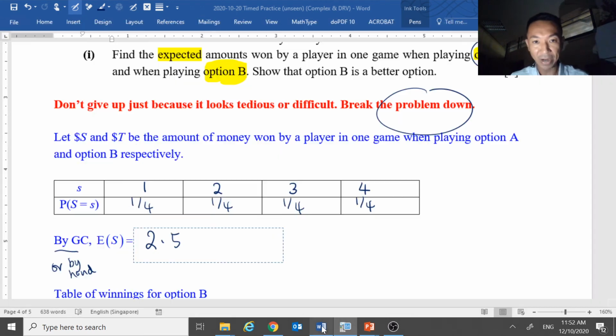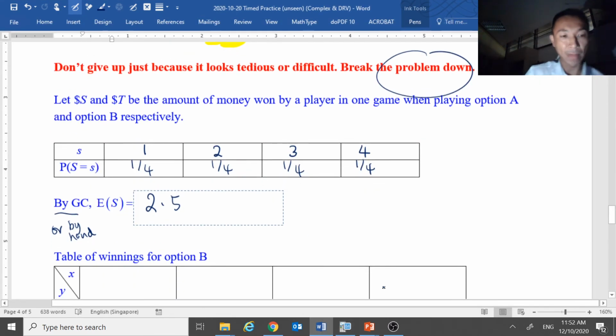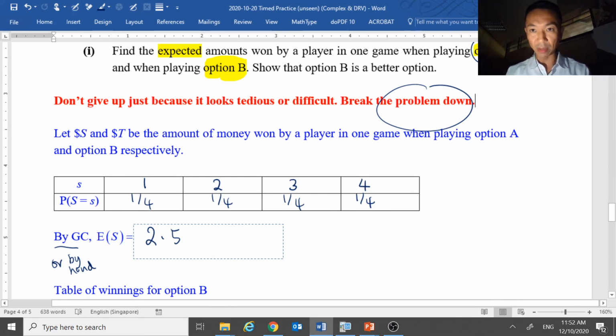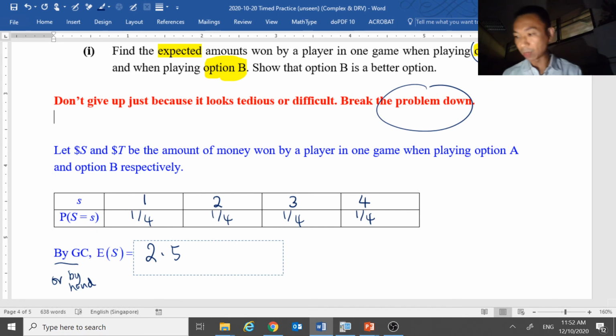Now, alright, let's go back. Next, the lesson I want to talk about is this. Not just break the problem down, alright? As I said, you will do the easier part first, right? Easier portion first.